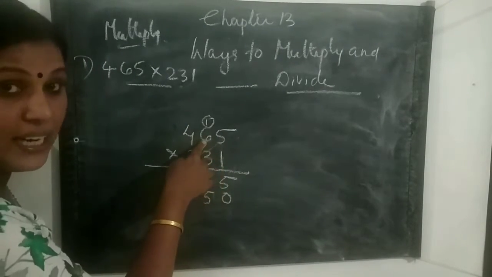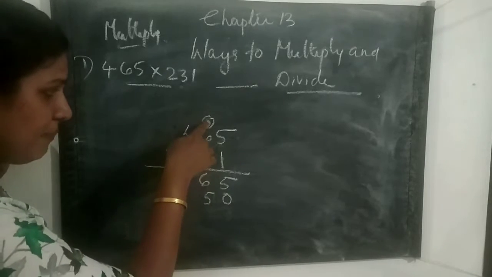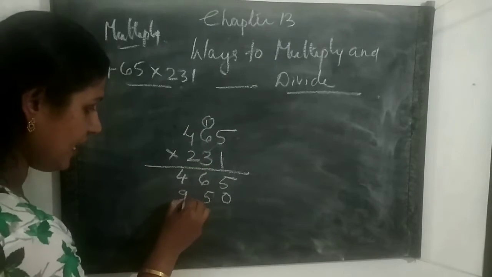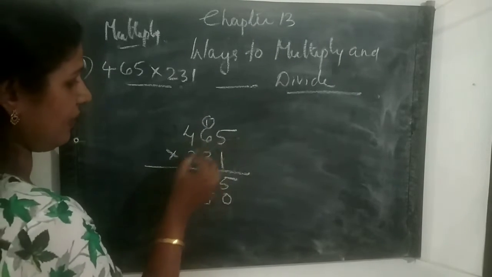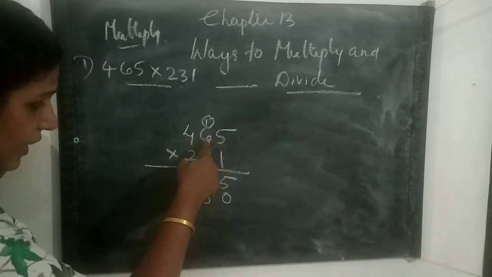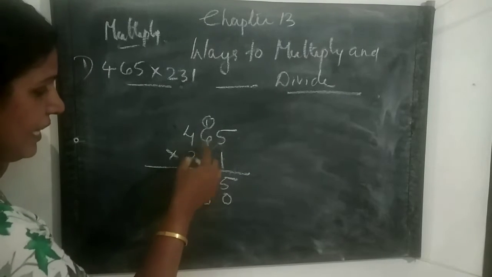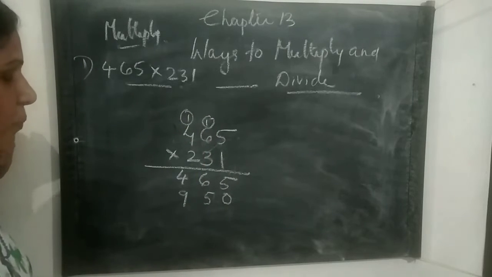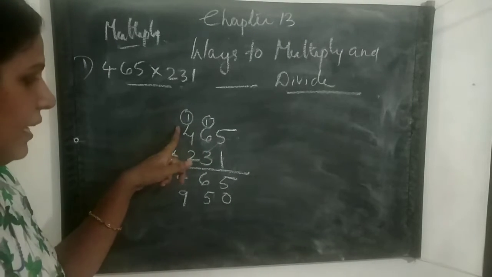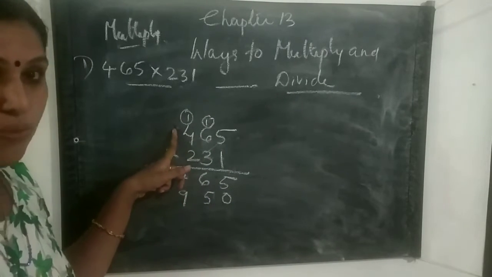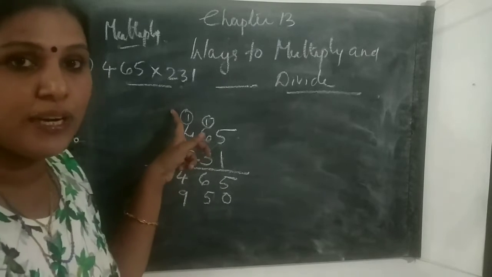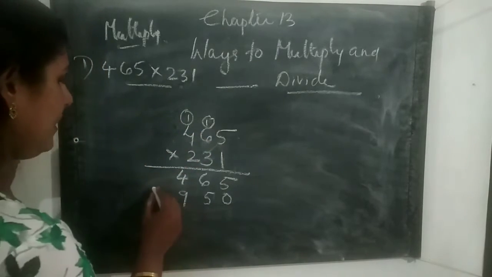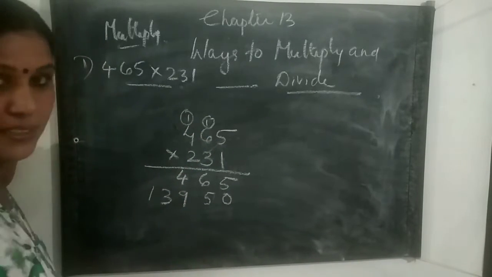Then 3 6s are 18, 18 plus 1 is 19. We write 9 and carry over 1 to the top of the 4. Then 3 4s are 12, and 12 plus 1 is 13. Here we write 13.